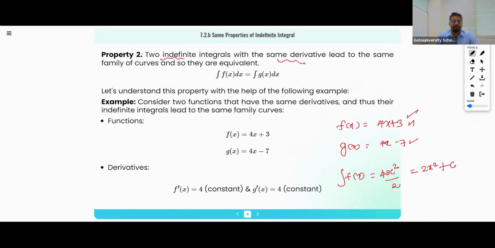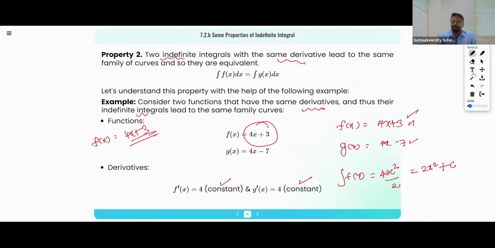So what do you see? Consider two functions that have the same derivatives. Thus, their indefinite integrals lead to the same family of curves. For example, this particular function: f of x is equal to 4x plus 3, so its derivative is nothing but 4, a constant, and g of x, its derivative is also 4, a constant.